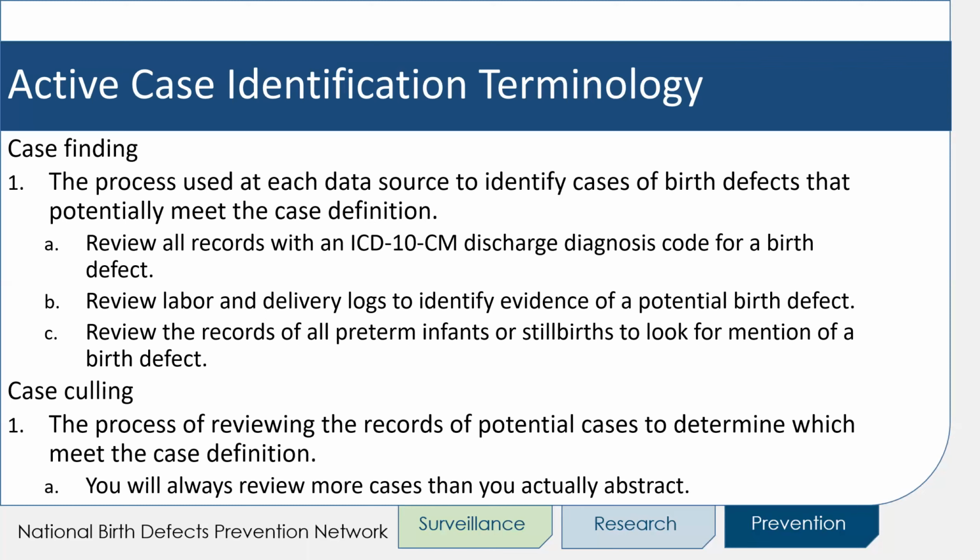With case culling, you will always review more cases than you actually abstract. Even if you do not find a case at every review, it is still worth the effort.